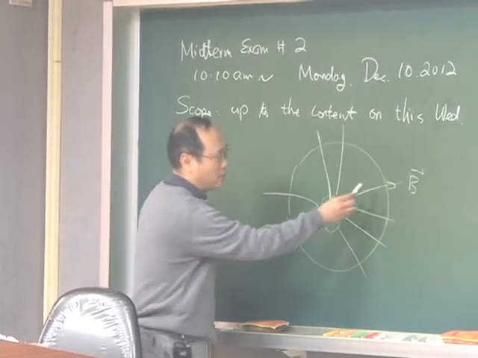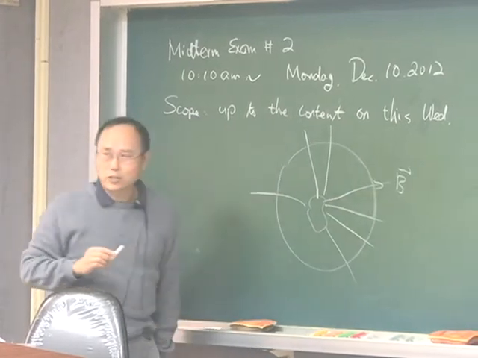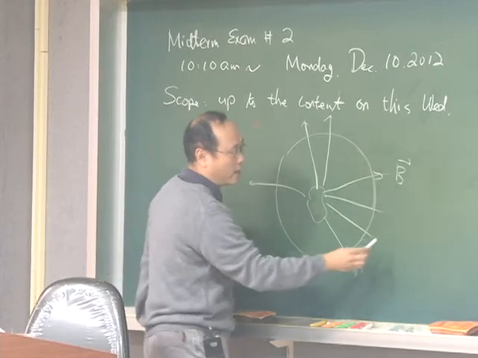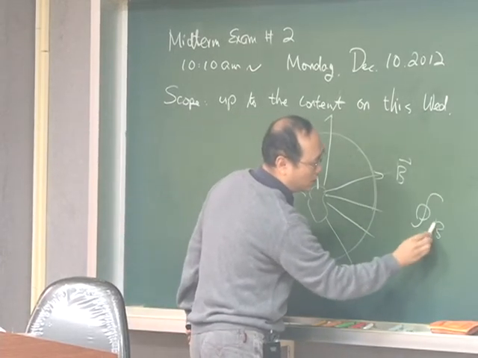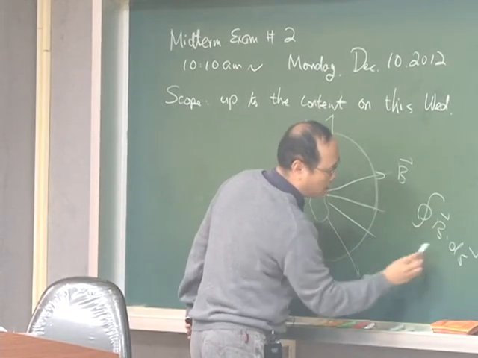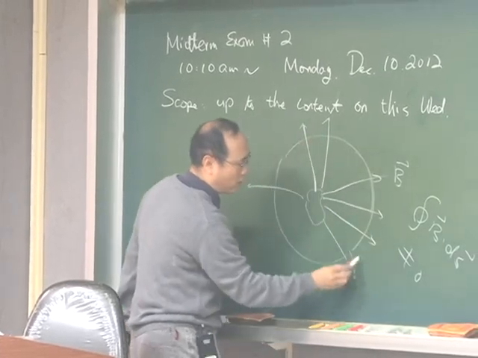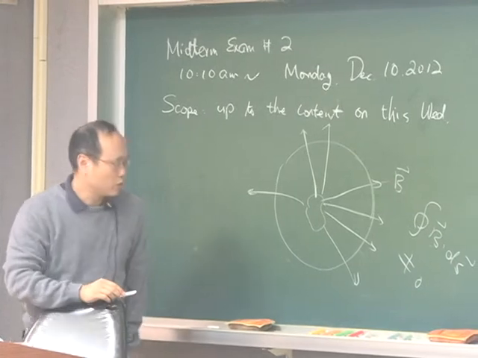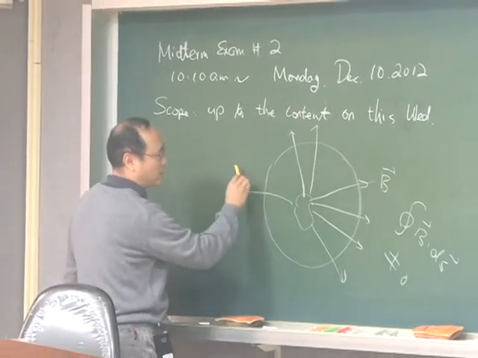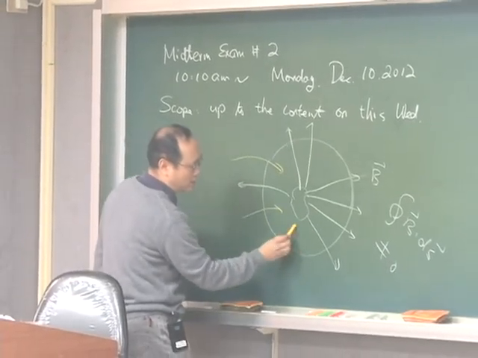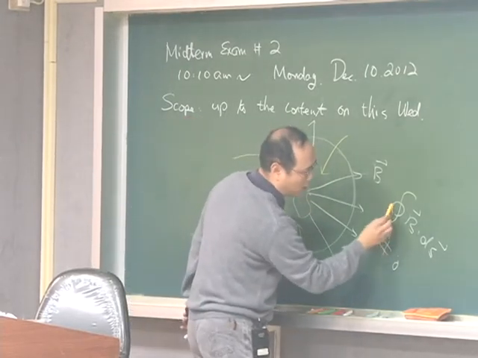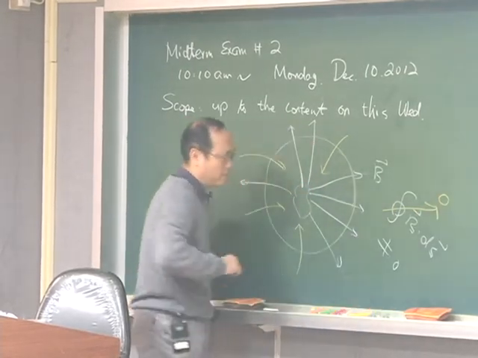So let's look at this surface integration. If my field always looks like this, then this surface integration is not going to be equal to 0. If I have all the flux going out like this, right? So somehow I must have some flux going in to make this equal to 0.